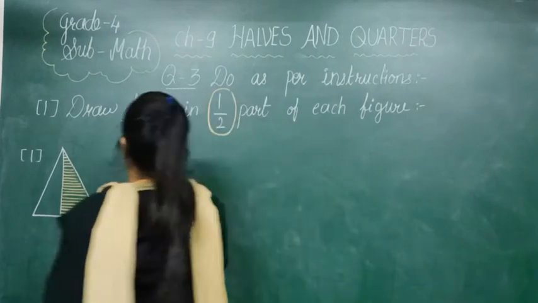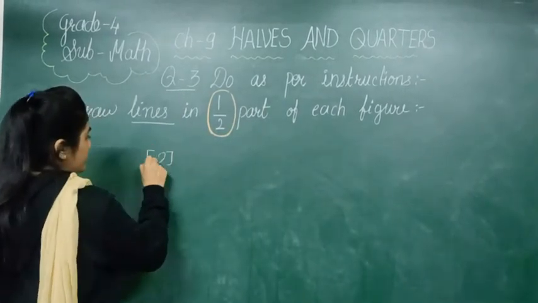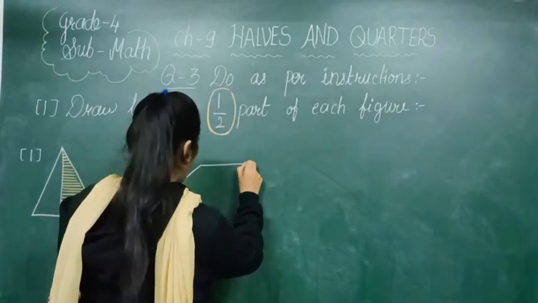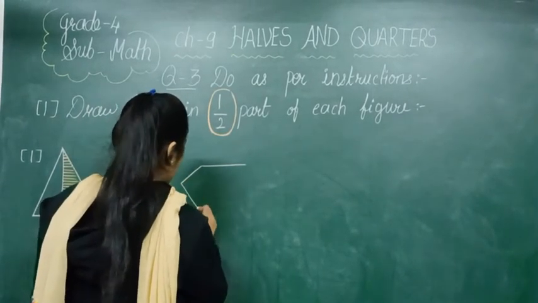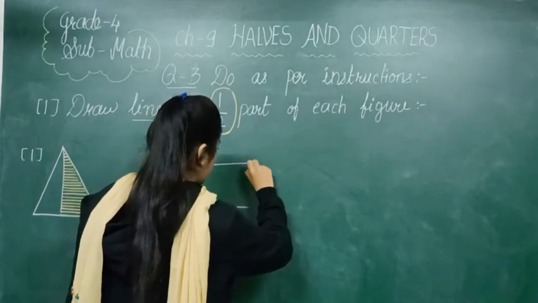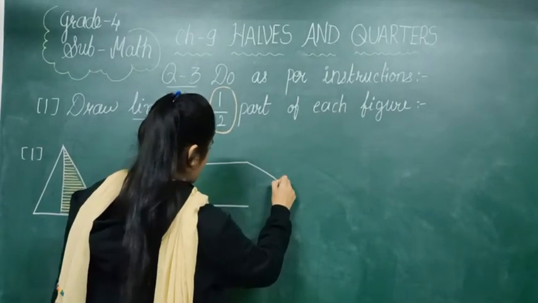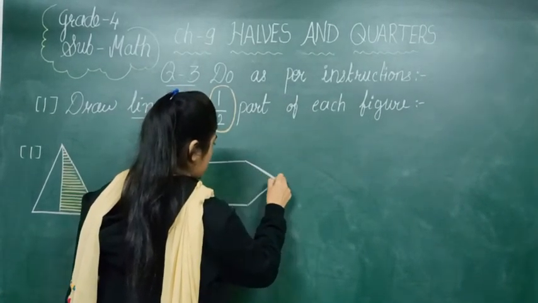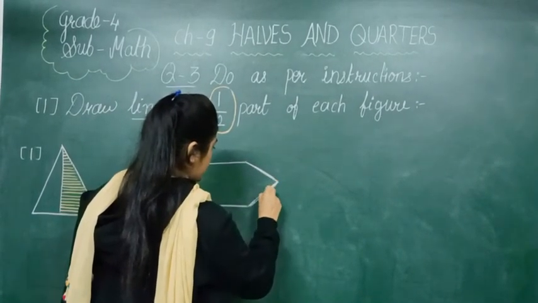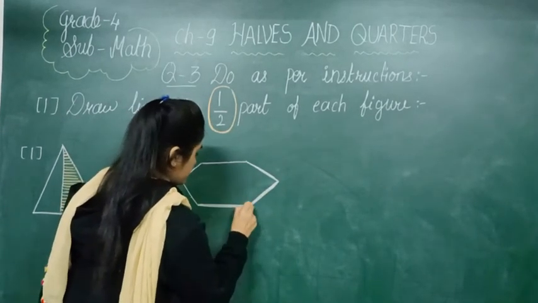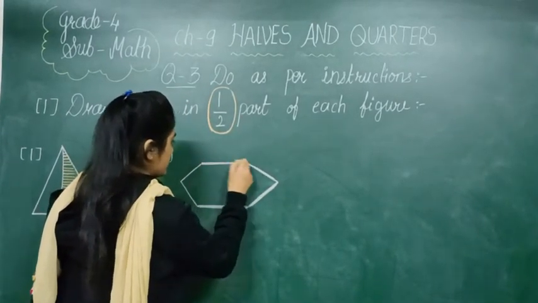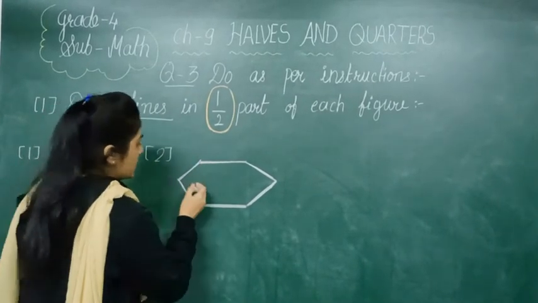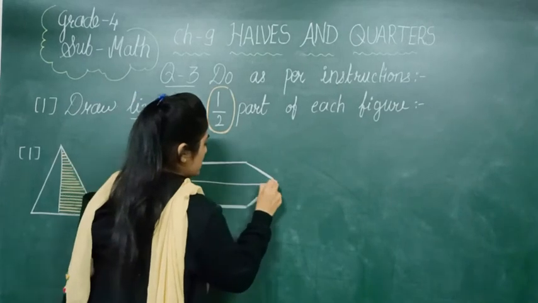Now number 2. See, number 2 figure, this kind of shape is given. See, this kind of shape is given in your second number figure.